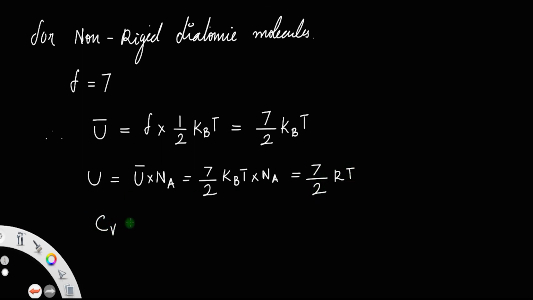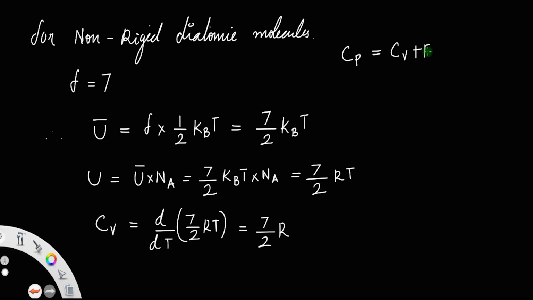And Cv equal to d by dT of U, here it is 7 by 2 RT, that is equal to 7 by 2 R. And from Mayer's relation, Cp equal to Cv plus R, that is equal to 7 by 2 R plus R, 7R plus 2R divided by 2 equal to 9R by 2.